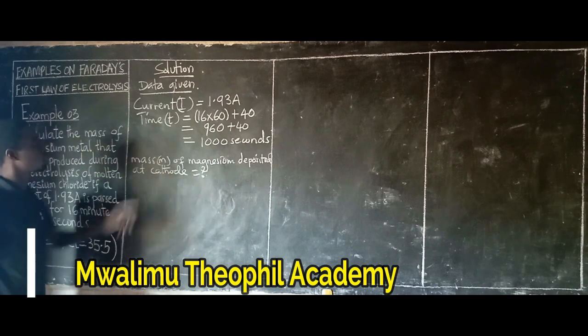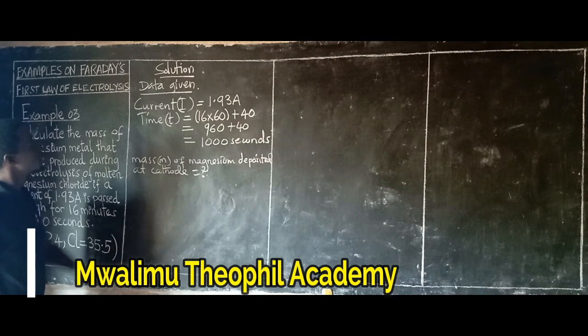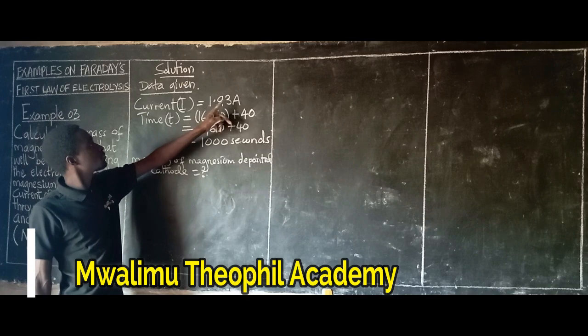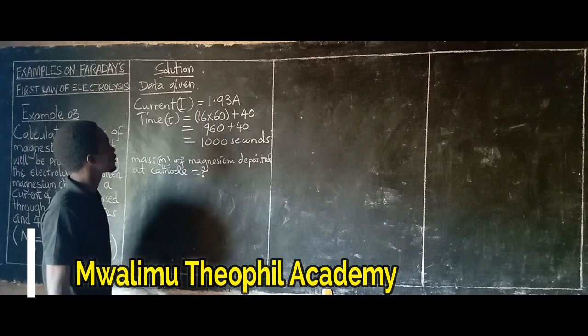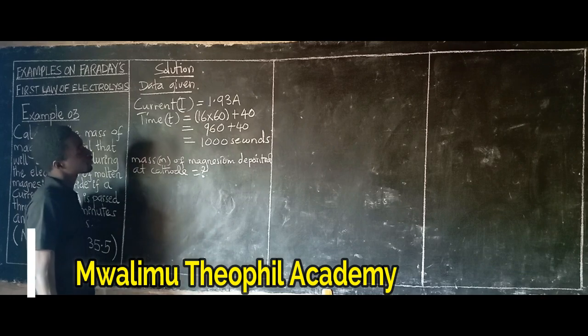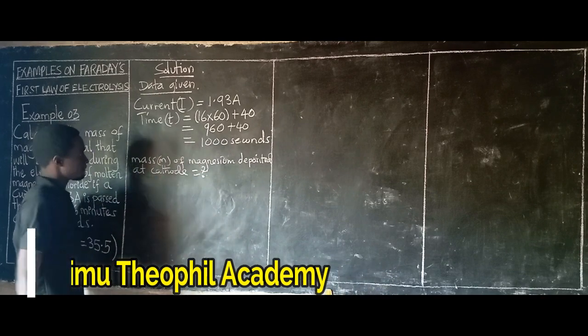So the task is to find the mass which will be deposited when the current of 1.93 ampere is passed through that electrolyte within 1000 seconds.